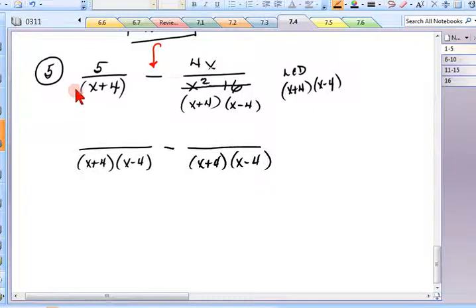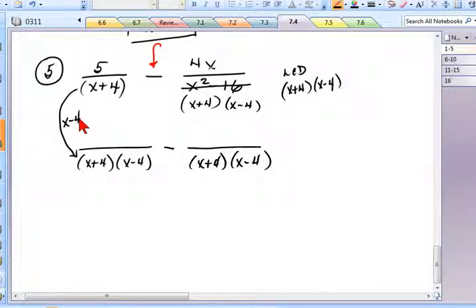All right, comparing. Look at the old denominator, look at the new denominator, and tell me what the new factor is. X minus 4. Now I know that y'all like to skip as many steps as possible, but I'm a little concerned about some things.